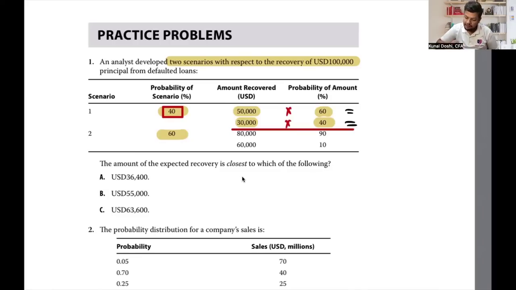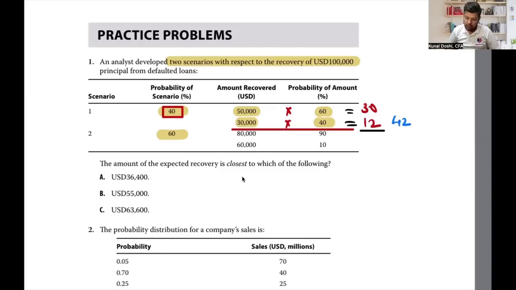So if you solve 50,000 into 60%, you'll get 30,000. Correct? And 30,000 into 40%, that will give you 12,000. So basically the amount that is expected to recover from scenario 1 totals to 42,000 if I add both.